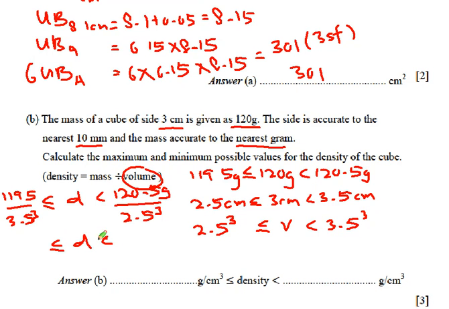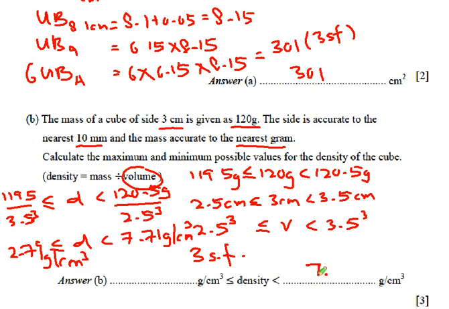So the upper bound and lower bound of the density are 7.71 gram per centimeter cubed and 2.79 gram per centimeter cubed, when this is correct to the nearest 3 significant figures. So this is 7.71 and this is 2.79.